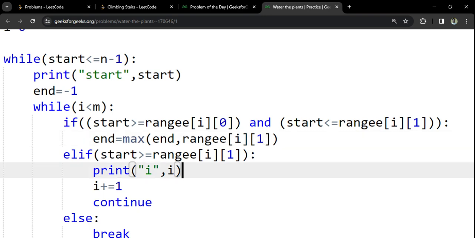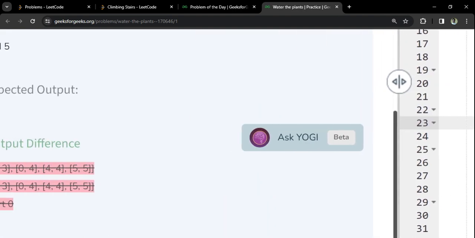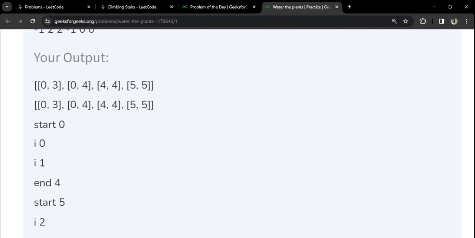Now comes the case where, try to understand this fact, start may be greater than this. For example, suppose I have taken this range. What will start be after taking this? Start will be 5 because it will be end plus 1. But is start greater than the start of this? Yes.